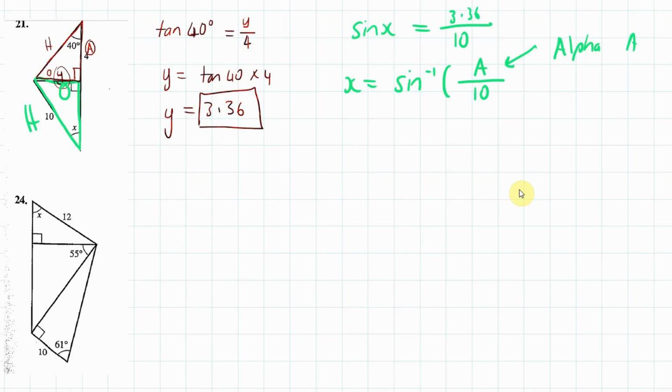And then on your calculator, it'll have that A, and then just put 10 at the bottom. And this should give you, when you press equals, the correct answer of 19.6 degrees. Okay? But even if you get stuck, if you just put the 3.36 in, you will get the answer. Okay, so that's how we do those.